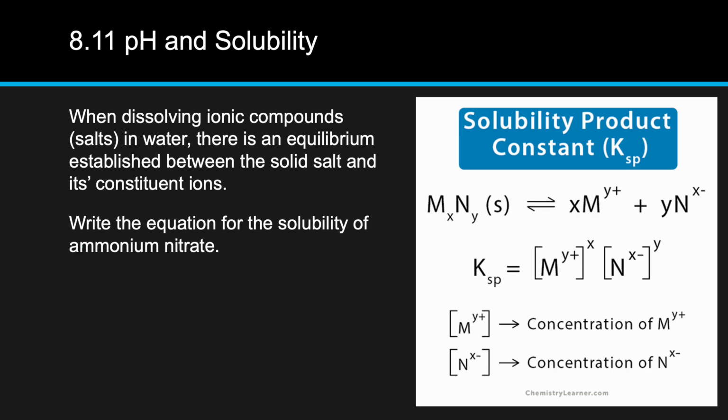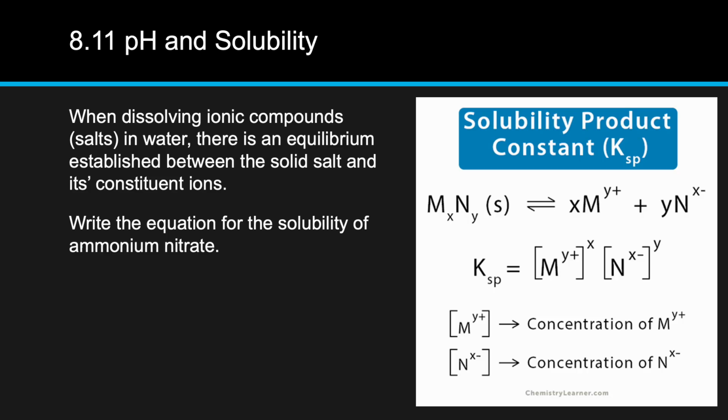Something with a very high Ksp means it's going to be very soluble and produce those ions. Something with a very low Ksp is not going to produce a lot of ions and therefore be insoluble. So in order to practice that, let's go ahead and start with an example.